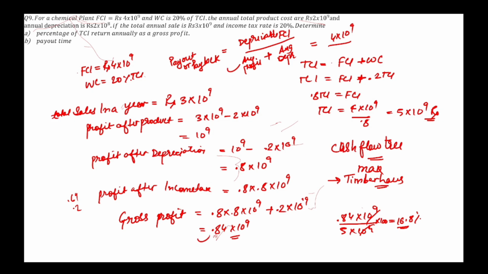This is 0.89 into 10 to the power 9 plus average depreciation 0.2 into 10 to the power 9.